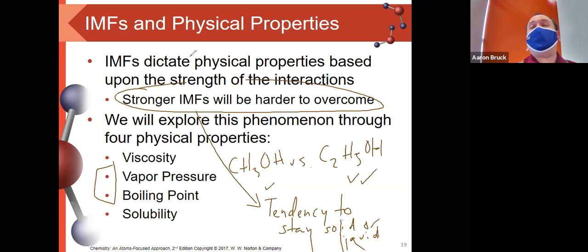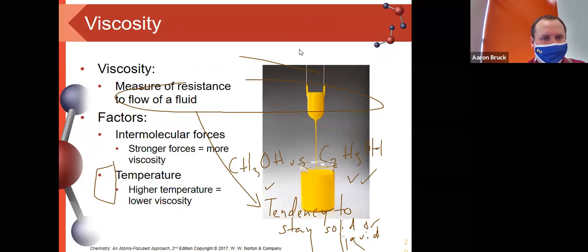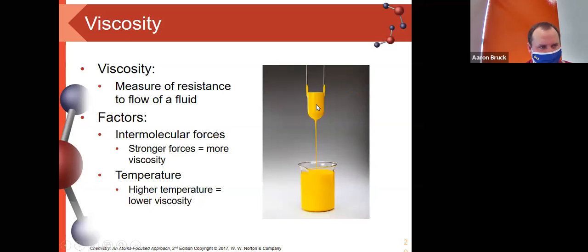And this is a big part of what your skill builder in lab this week is all about, is identifying intermolecular forces, ranking them, and applying them to physical properties. So if you haven't looked at that skill builder yet, you're going to see these skills come up there very, very prominently. Let's look at viscosity first. By definition, viscosity is the measure of resistance of flow for a liquid.